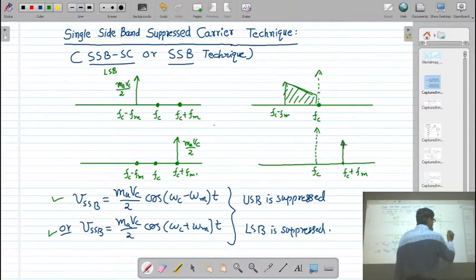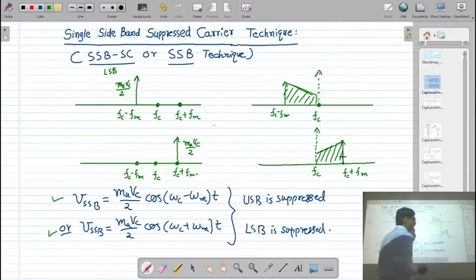So my upper sideband frequency will be like this. So here we have this information. Okay. So in this way you can draw a frequency spectrum for the SSB wave.